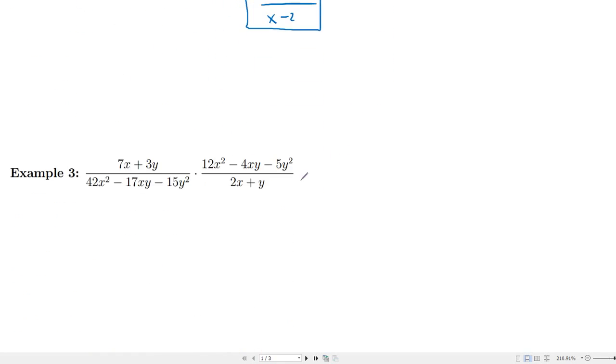Okay, moving on to our next example. So we have a product. So we are going to multiply numerators and denominators, right, separately. So multiply these numerators. Let's factor. So this one, we can't factor anything else out, so that's going to stay the same. This trinomial, by sort of trial and error, looking at these factors, right?